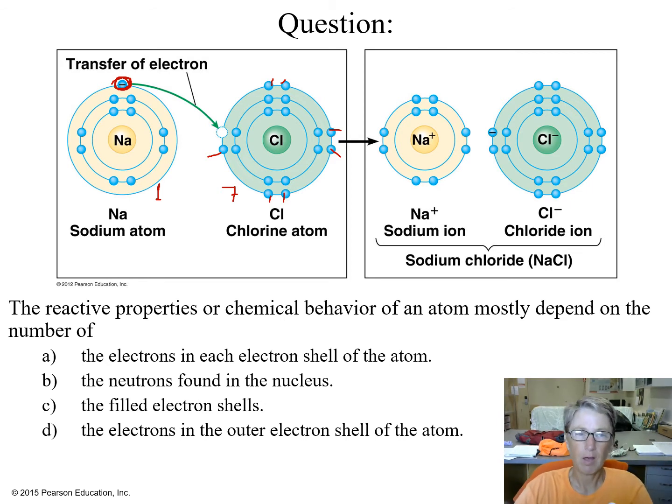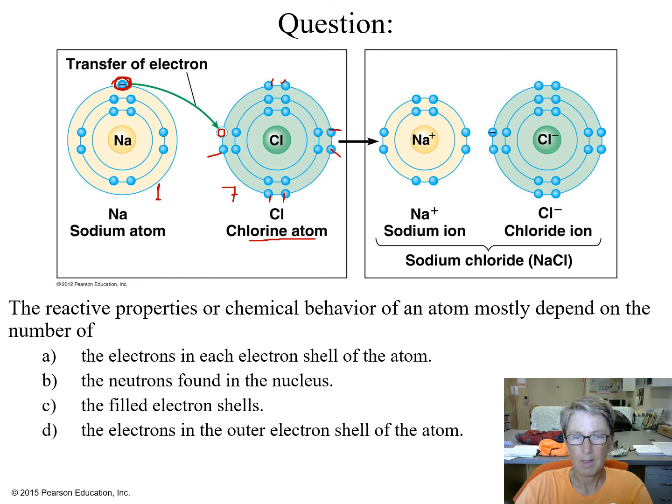Obviously that's the easy way, and that's what sodium does. The chlorine atom, if it's in the vicinity, will allow the transfer of that electron from sodium to chlorine.